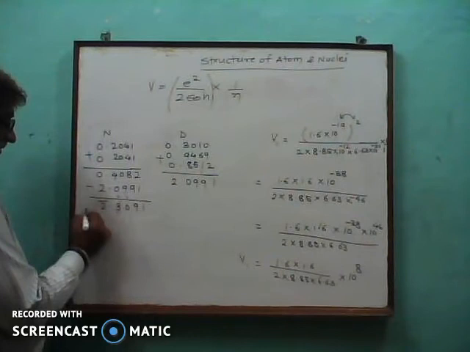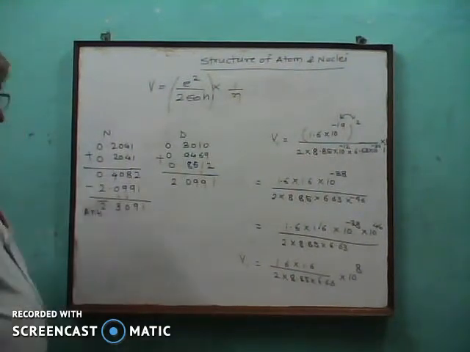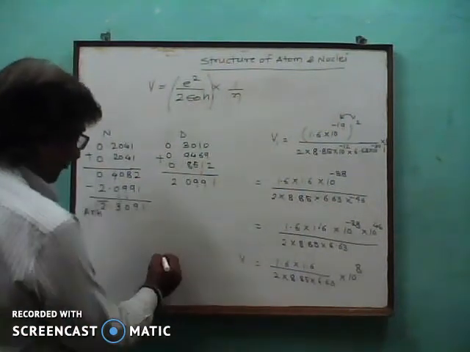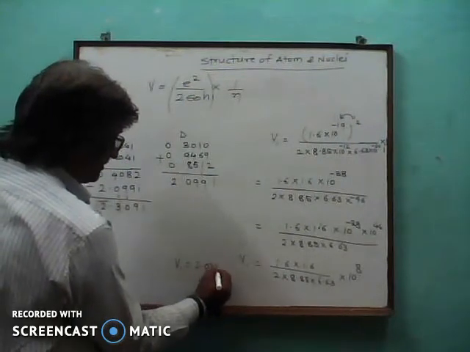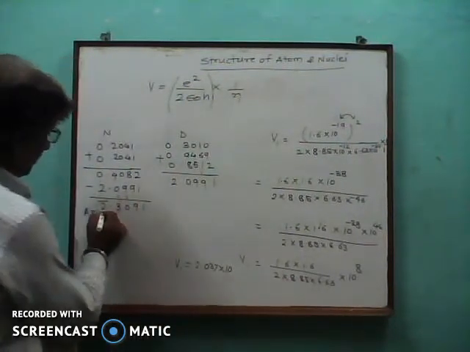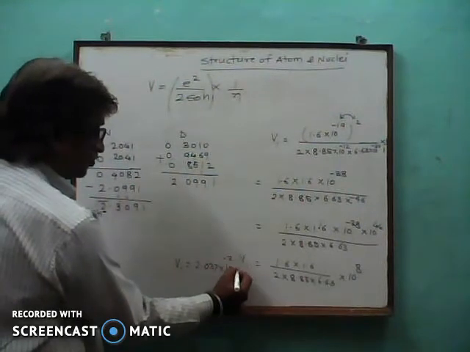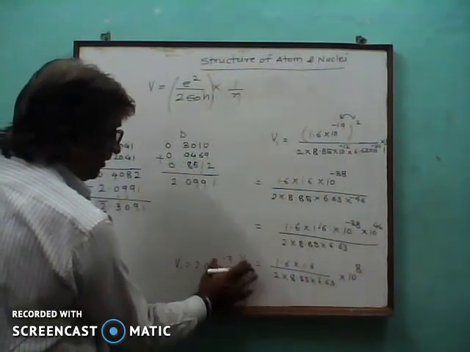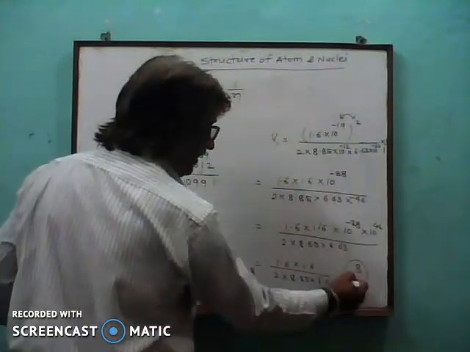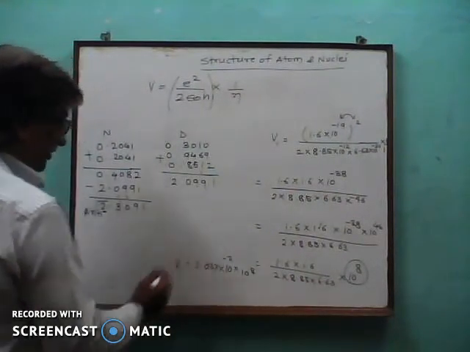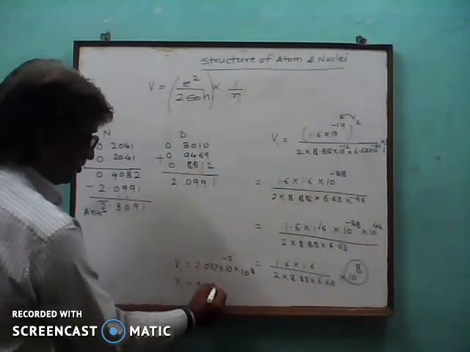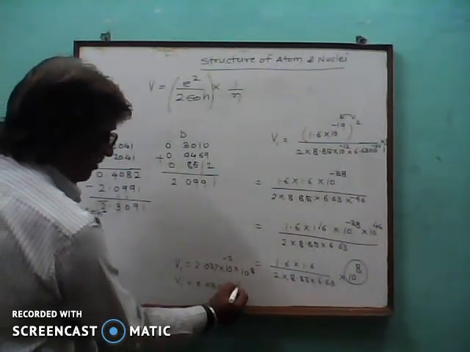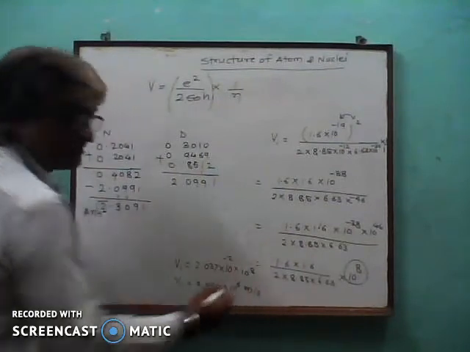If we take its antilog, v1 is equal to 2.037 into 10 to the power minus 2 into 10 to the power 8. From 8, 2 is subtracted, so 2.037 into 10 to the power 6 meter per second.